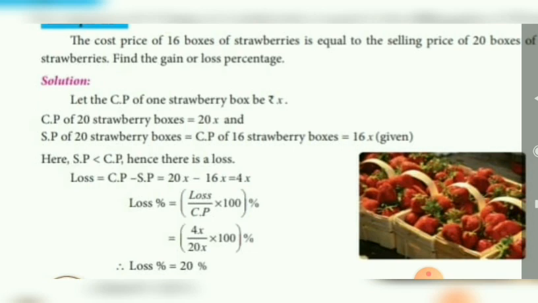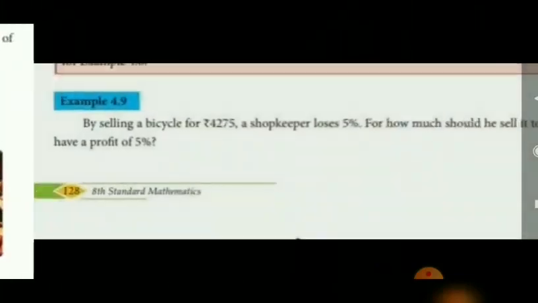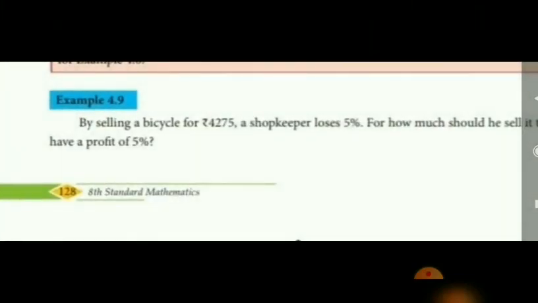Loss is 20x minus 16x, equal to 4x. Loss percentage equals loss divided by cost price into 100, so 4x divided by 20x into 100. The 4x cancel, and 1 by 5 into 100 is 20. So the loss percentage is 20%.